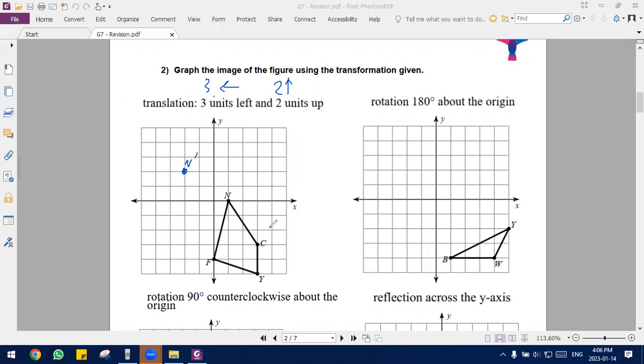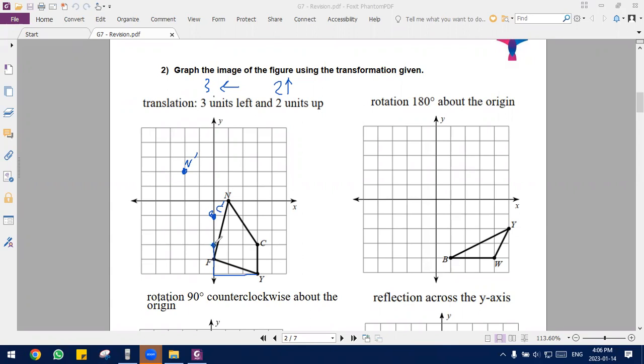Now I should do the same thing for all the points. Now for point C, again, 1, 2, 3 left, and then 1, 2 up. So point C is here. And we should name it as C prime, because it's the image of C. For the point Y, 1, 2, 3, then 1, 2.